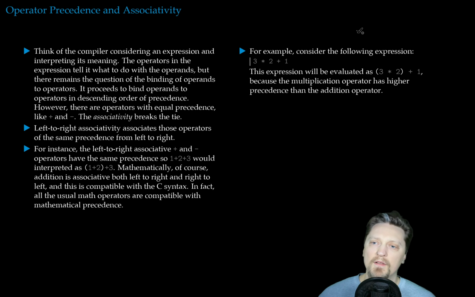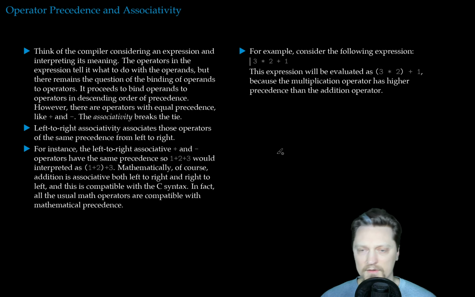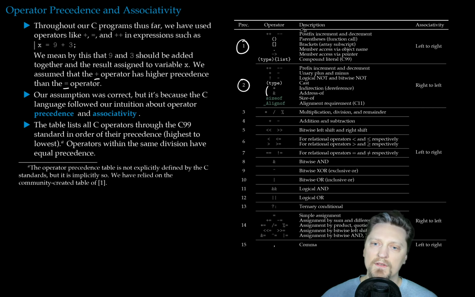For example, consider the following expression: 3 times 2 plus 1. This expression will be evaluated as 3 times 2, quantity plus 1, because the multiplication operator has higher precedence than the addition operator. Returning to the previous slide, we see that the multiplication operator has precedence 3, whereas the addition and subtraction operators have precedence 4.